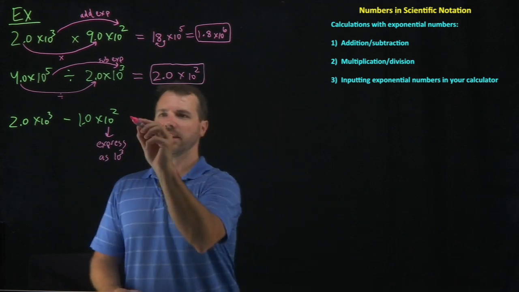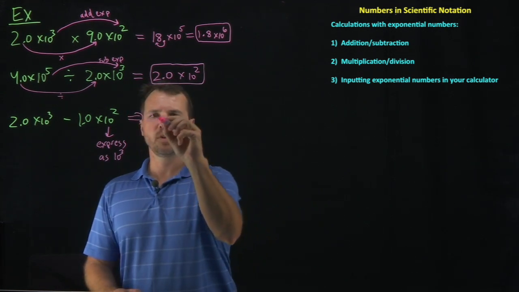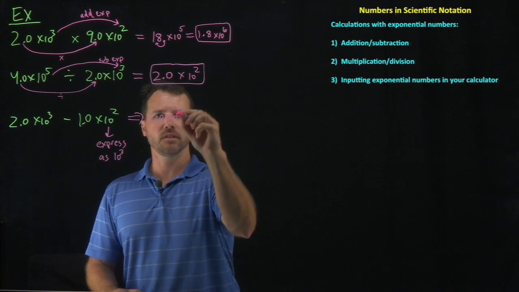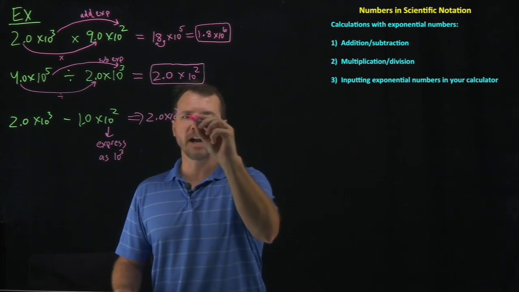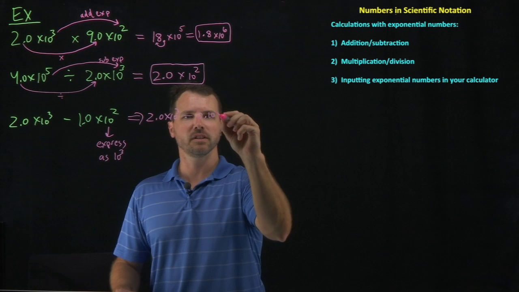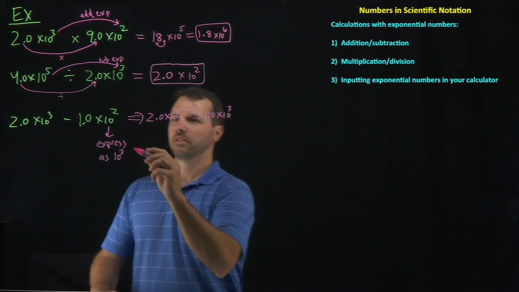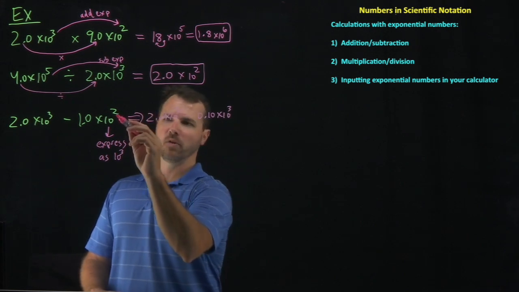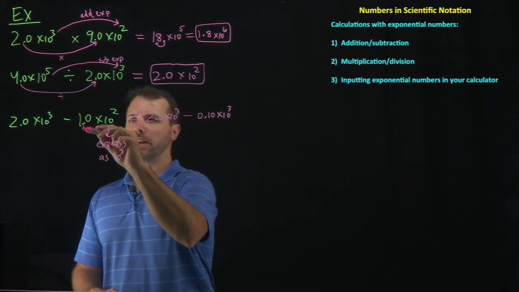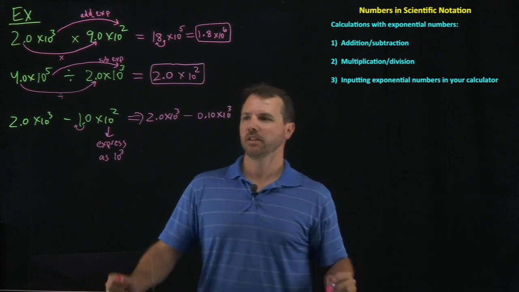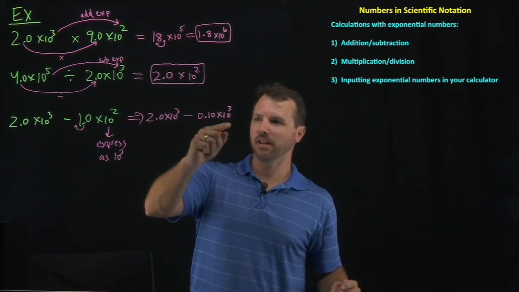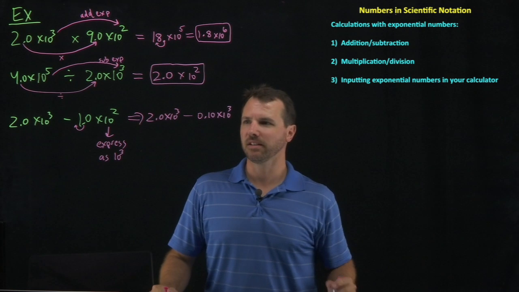So we could then say 2.0 times 10 to the 3rd, and we're going to subtract 0.10 times 10 to the 3rd. So the same rule: if we want to make this exponent bigger, we have to make the number smaller. So 0.1 times 10 to the third is equivalent to 1 times 10 to the second.